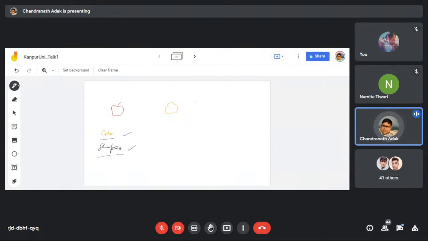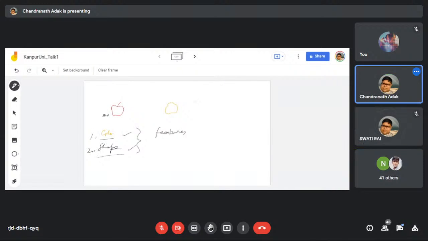So by our human mind, by looking at the outer look, we can think, using these two characteristics I can distinguish. In the machine learning domain, we call these features. So I have two features: one is color and another one is shape.